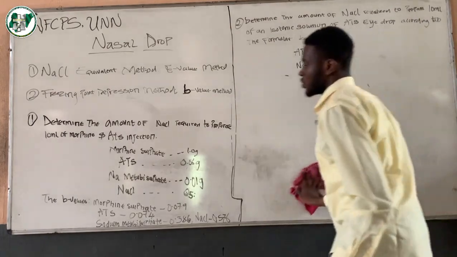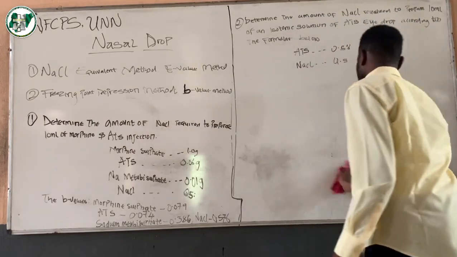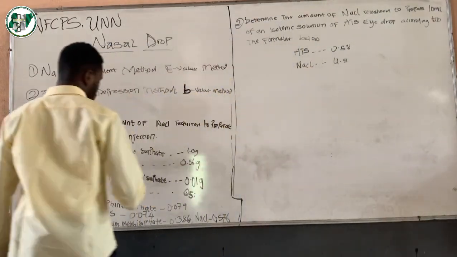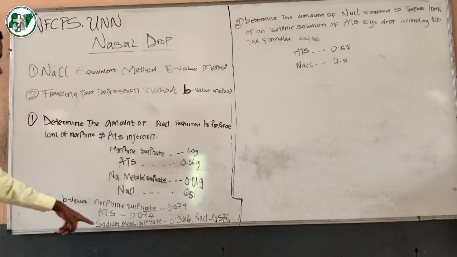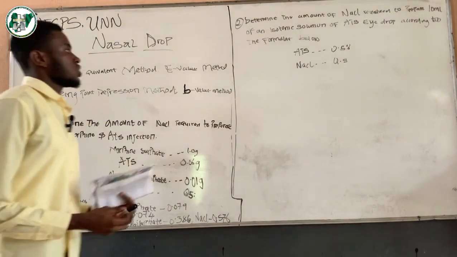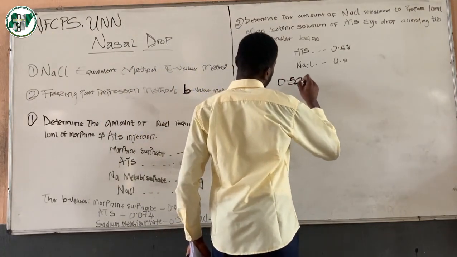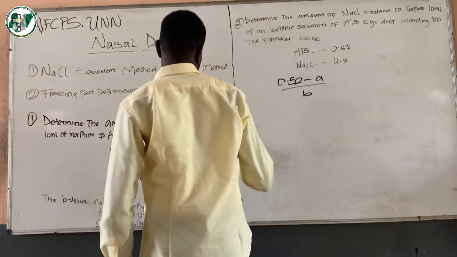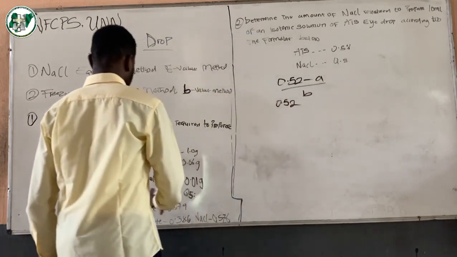Because this first question has B values of various drugs used in this preparation, we are going to make use of the freezing point depression method to solve this, which is 0.52 minus A divided by B. So what do we do? We are trying to get the amount of sodium chloride used.